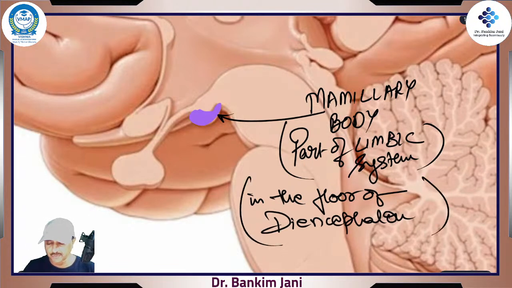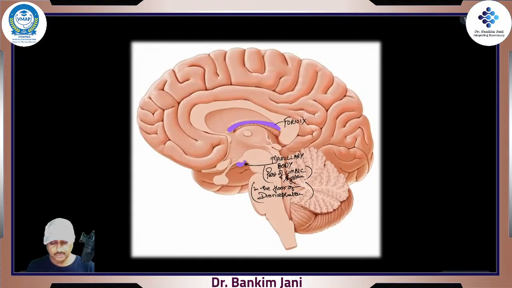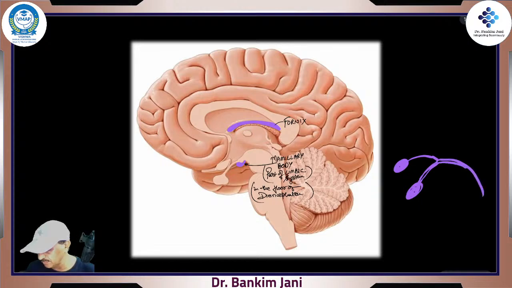To solve the mystery of how exactly they are connected, we will draw one image. So this is one mammillary body, right? They are on both the sides. This is another mammillary body. It goes like this and this, right? From both the sides, they both get connected, and then there is central fornix which goes like this.